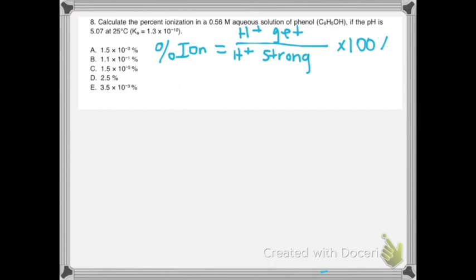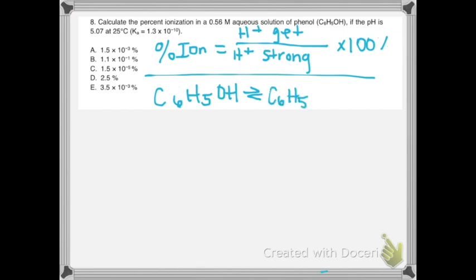Okay. So, let's figure out what protons we get. We can write the reaction. And we could go through and ice it out. And as much as we enjoy ice tables, we actually don't need to employ one here because they tell us what the pH is.